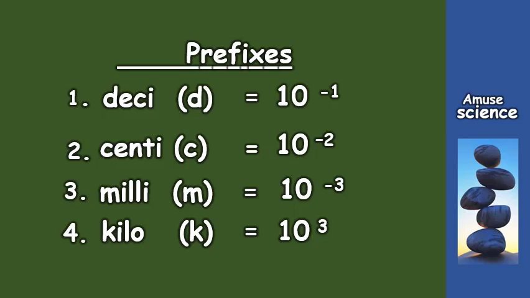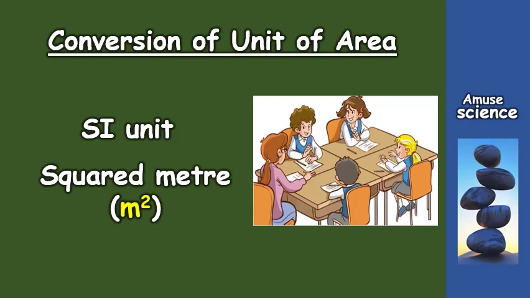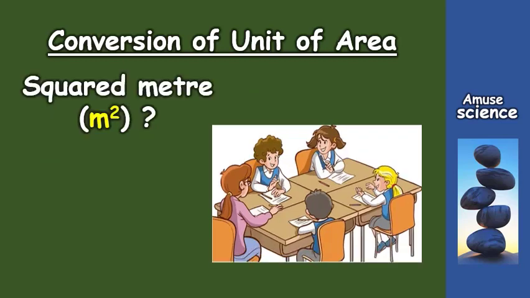Now let's talk about the unit of area. When you measure the area of an object, what unit are you going to assign to it? The SI unit, the universally agreed unit assigned to area of an object, is the squared meter. But apart from the squared meter, there are other units that we can write our answers in.